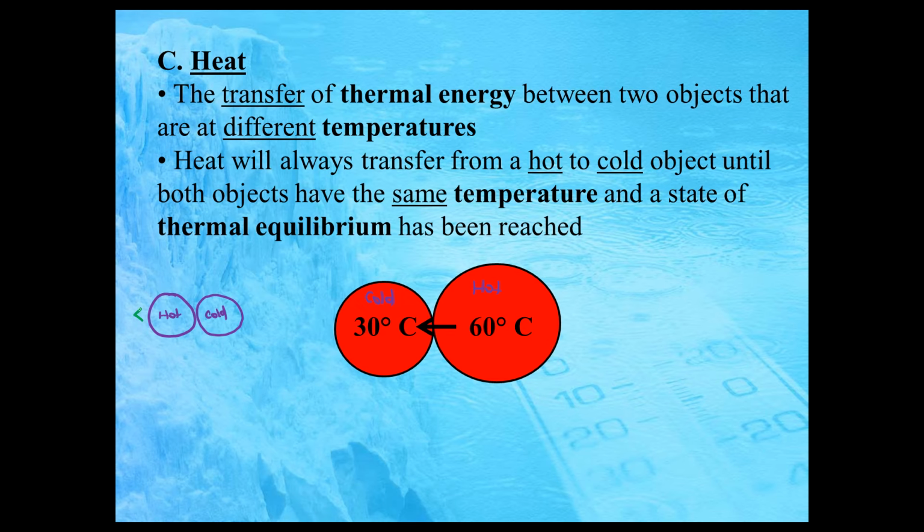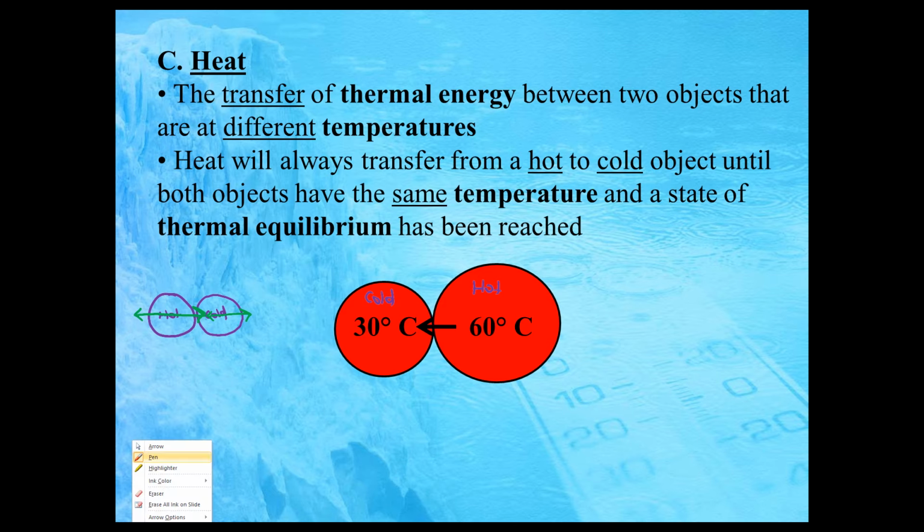It's kind of like a domino effect. The particles in this hot object would vibrate back and forth and collide with the particles in the cold object. And that would cause the particles in the cold object to then start vibrating. So I've transferred some of the energy from the hot object to the cold one as a result of particle collisions.